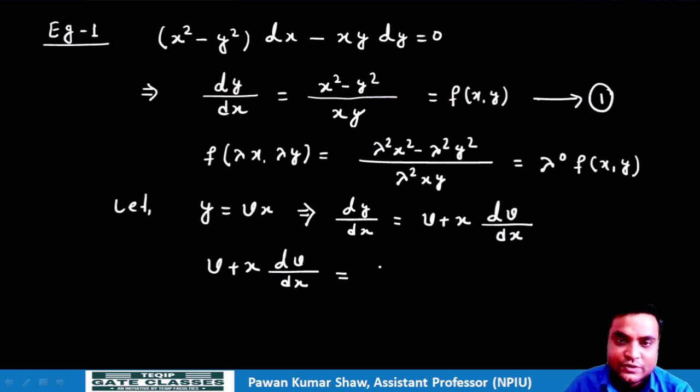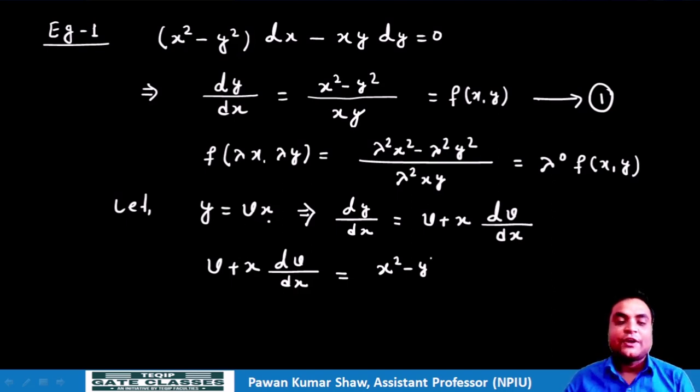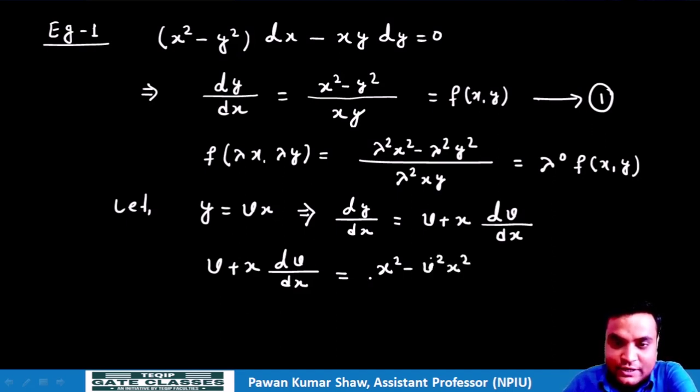is equal to the function x square minus y square. Now we have to replace the value of y, because we want to convert the problem in terms of x and v. So the value of y we assumed is vx. So we can write v square into x square divided by, in the denominator, x into y, so x into vx, that will be v x square.